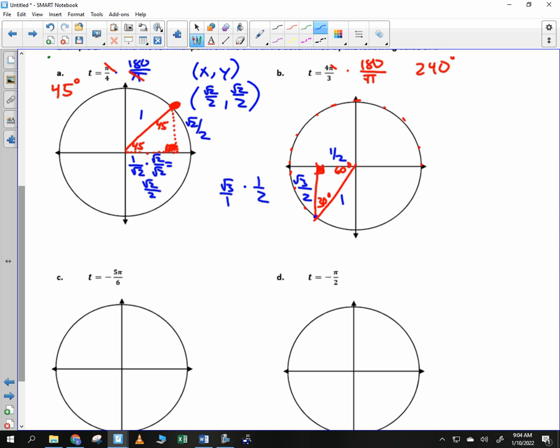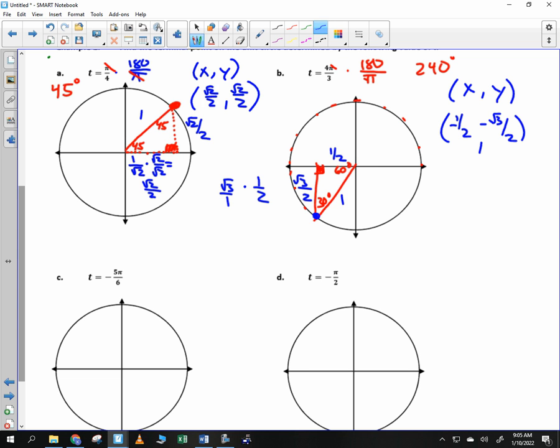So I need to find this coordinate right here. It has an xy value. X is the horizontal. So what's the horizontal going to be? 1/2. But if it's in the third quadrant, it's going to be negative 1/2. And then what's the y value? Negative root of 3 over 2.